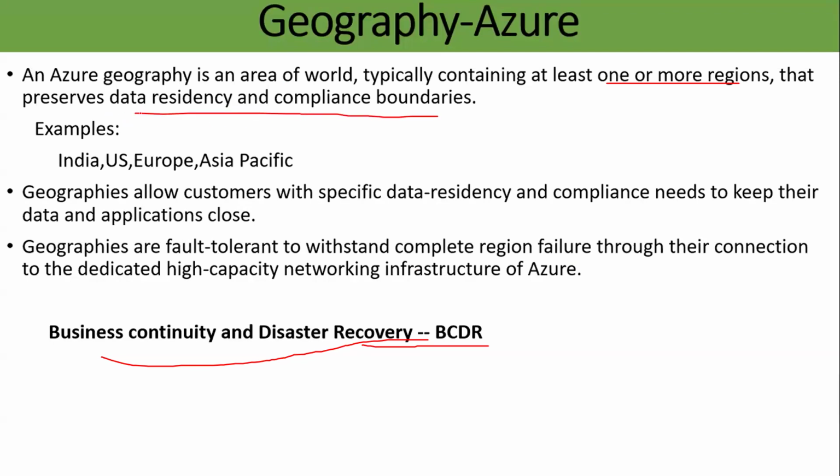Means the data is resident in different countries and also apart from the boundaries. I was just now telling an example. If the complete Pune region got affected, it stores in the nearest country. Means if the complete country collapsed, it has the data in the other country also. Means this is how it pairs, like India, US, Europe, Asia Pacific.